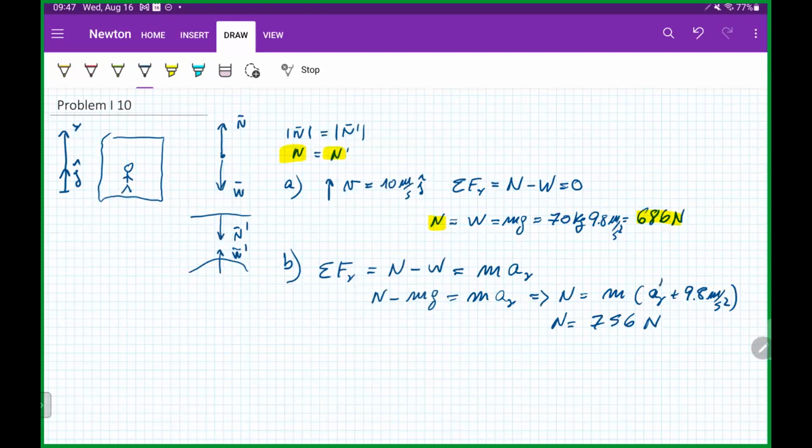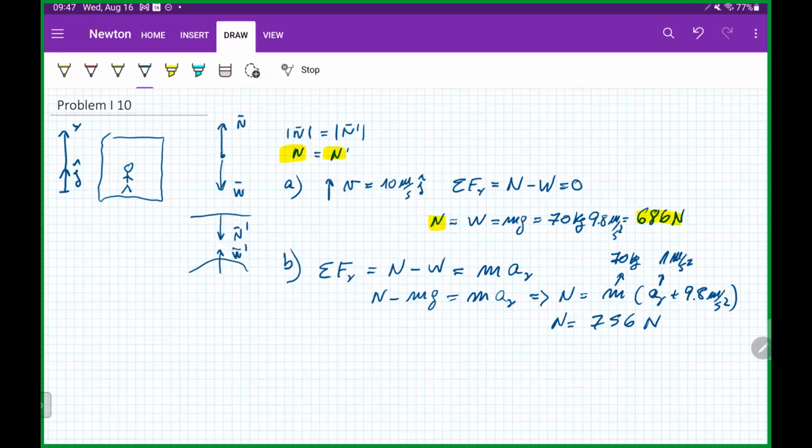Okay, so this is 1 meter per second squared, and this is 70 kilograms. Right?